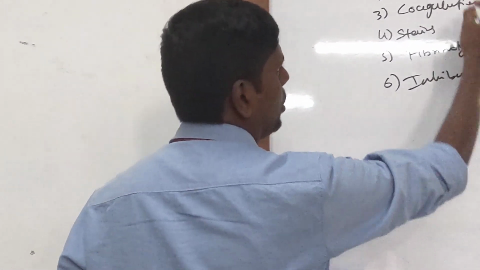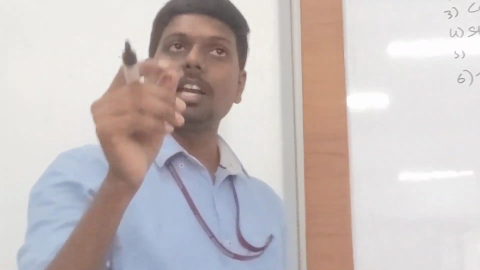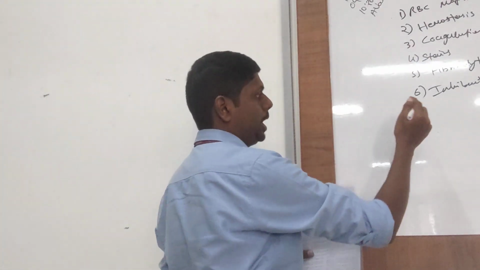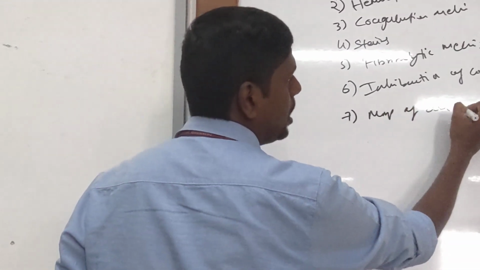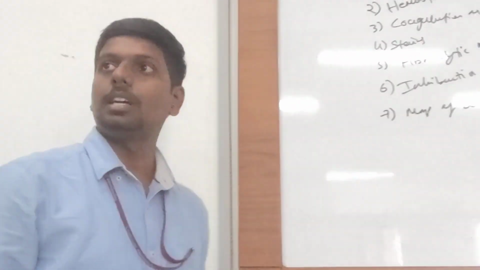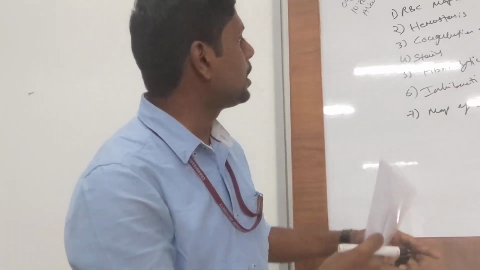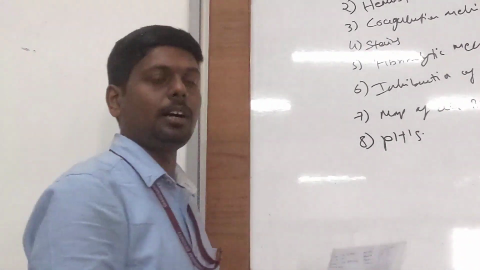That will be under coagulation, only inhibition of coagulation. Then there is one more small topic which we already completed, that is morphologies of all blood cells. These are the major topics, and of course platelets are there: platelet roles and their properties.